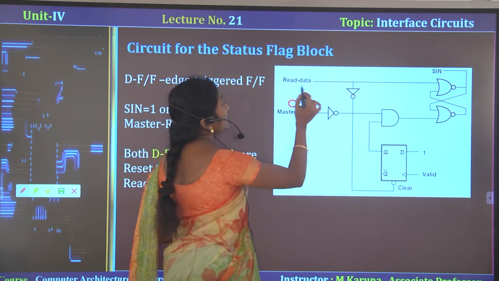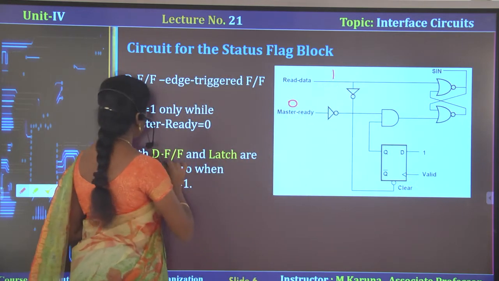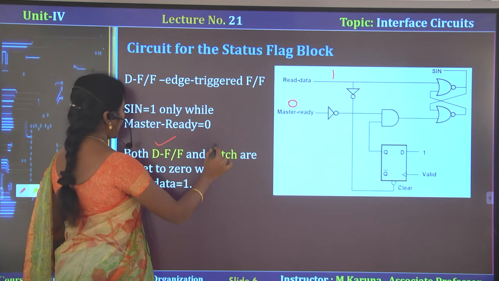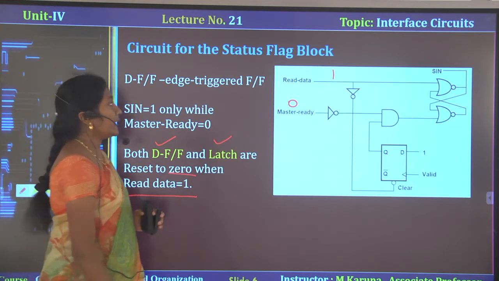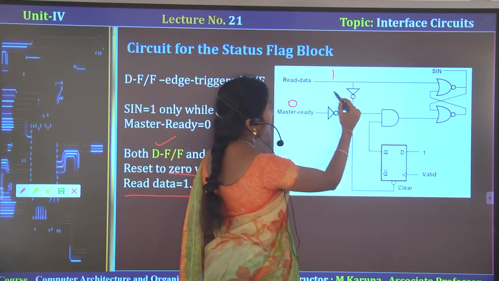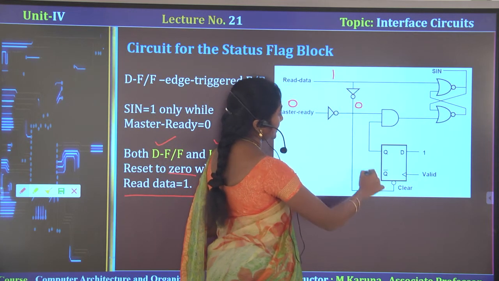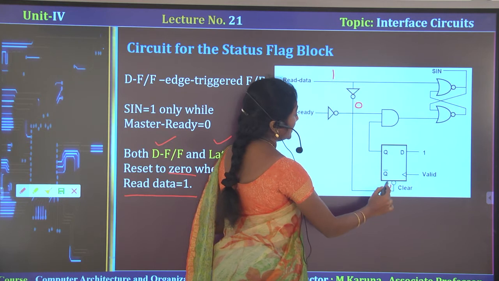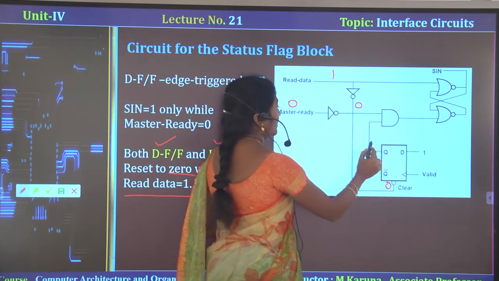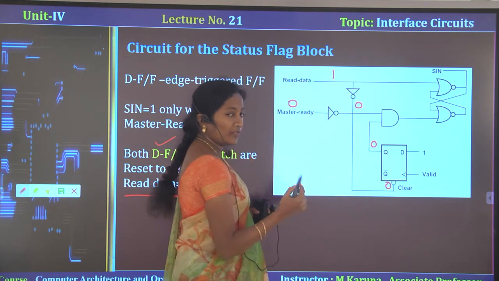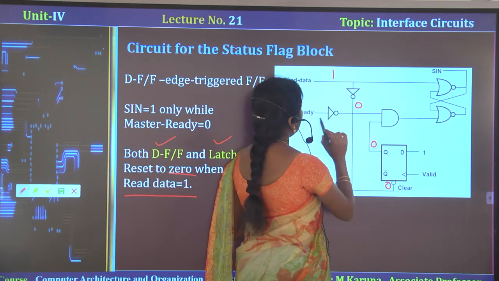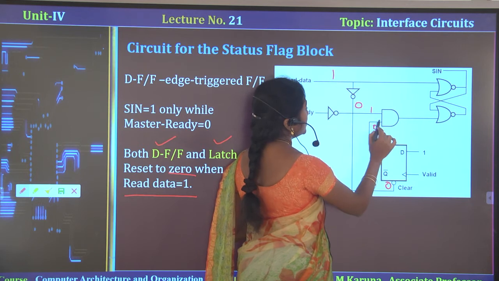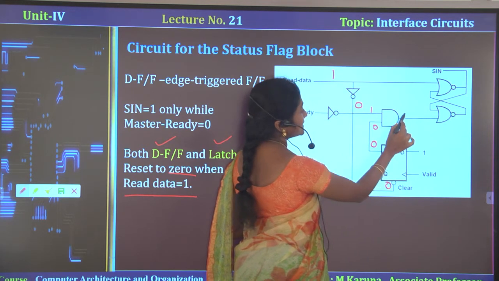Initially this is 0, read data is 1. That is transferred to the D flip-flop, then the output of the D flip-flop is 0, so the D flip-flop will be cleared. With the output of the D flip-flop 0, the output of this AND gate is 0.